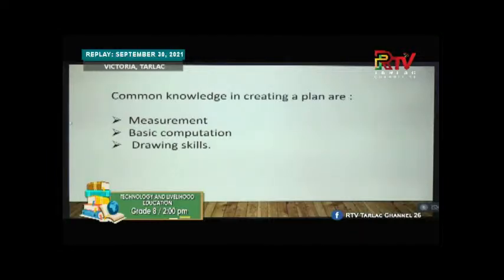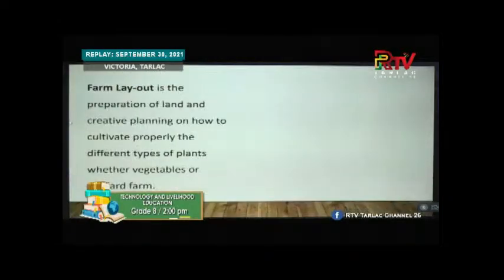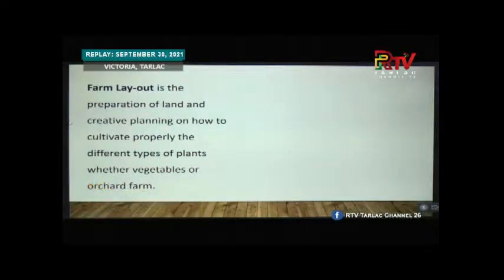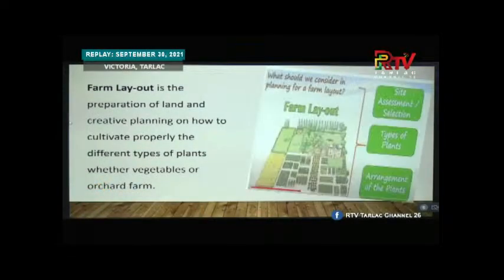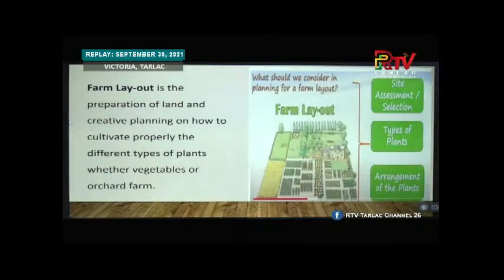Now, let us discuss the farm layout. Farm layout is the preparation of land and creative planning on how to cultivate properly the different types of plants, whether vegetables or orchard farm.